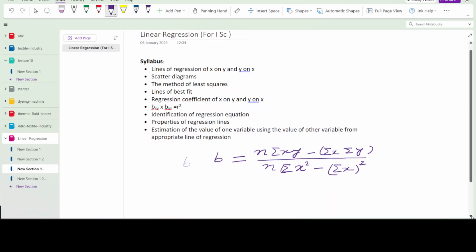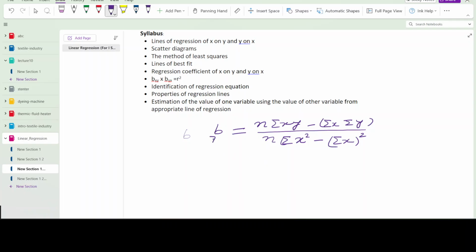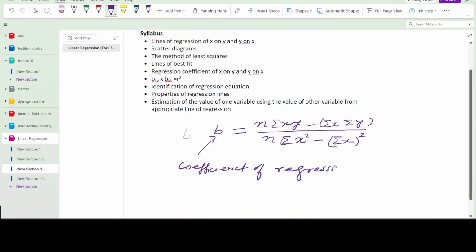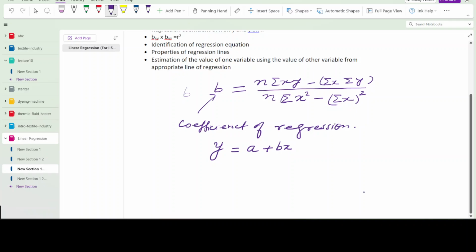This coefficient of regression b, that is slope, is also known as coefficient of regression, as this has been found using line of best fit y is equal to a plus bx, that is, it is a regression line of y on x, that is, y is dependent variable here and x is independent variable.